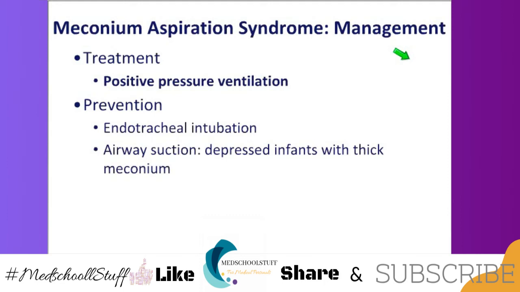Now this is more of a Step 3 freebie, but it might be in Step 2. If there is thick meconium, you do endotracheal intubation and suctioning of the airway, but only with thick meconium.